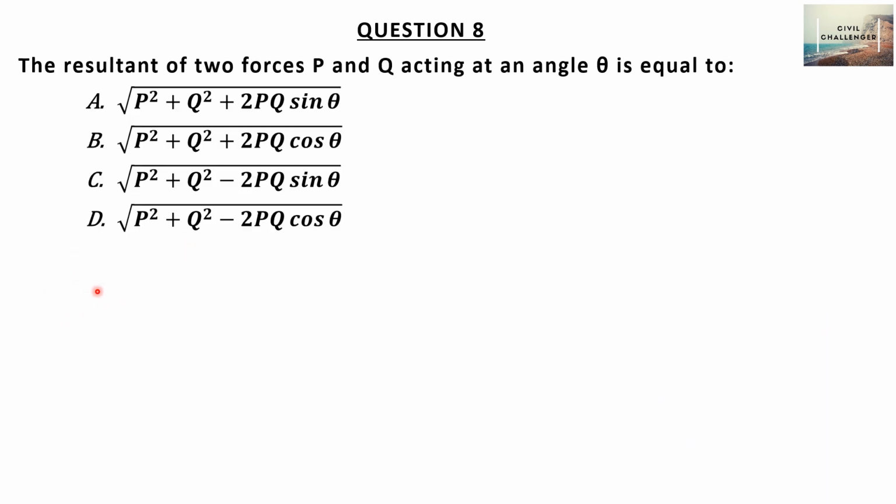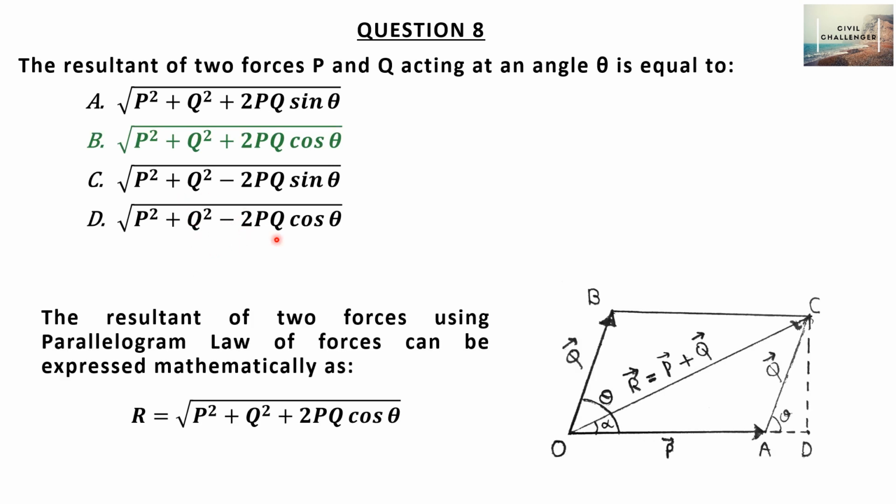Now the next question. The resultant of two forces P and Q acting at an angle theta is equal to option A square root of P square plus Q square plus 2 PQ sin theta, option B square root of P square plus Q square plus 2 PQ cos theta, option C square root of P square plus Q square minus 2 PQ sin theta, option D square root of P square plus Q square minus 2 PQ cos theta.